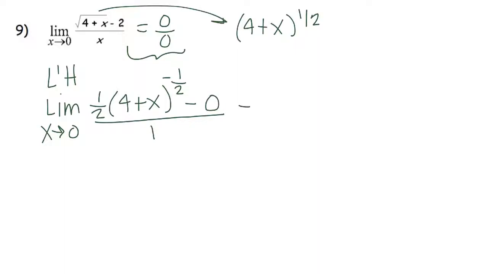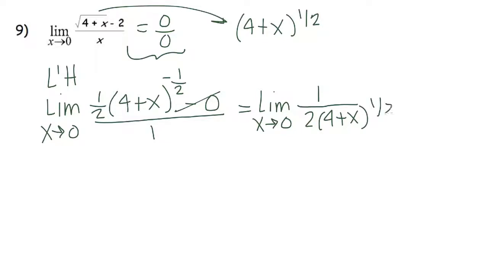So let's see what mess we've made here. So we have the limit as x approaches 0, and that's going to go away. I don't really care about that. Negative exponent means reciprocal of that. So I'm going to have 1 over 2, parentheses, 4 plus x, all raised to the 1/2 power.